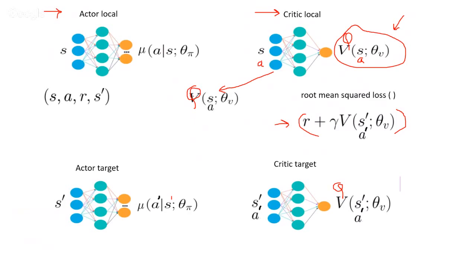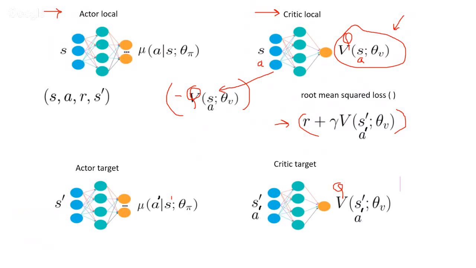We use this updated action value to update our actor local network such that it reduces minus Q(S, A). That means it maximizes the action value.